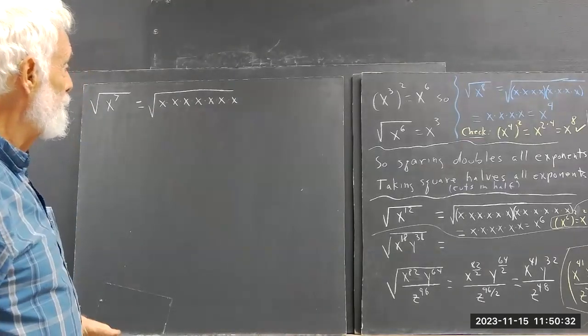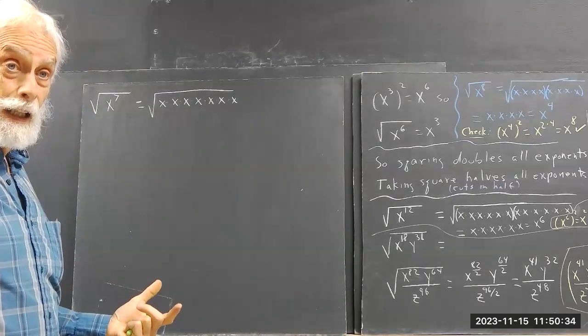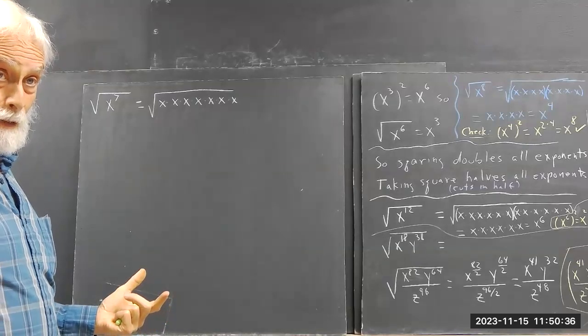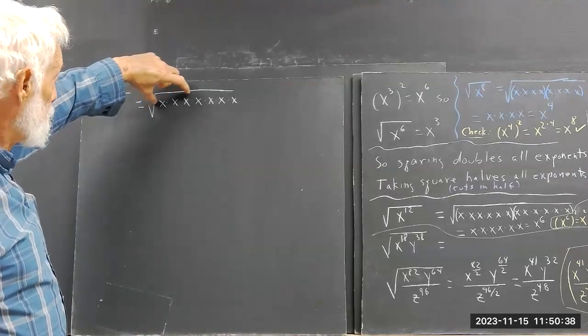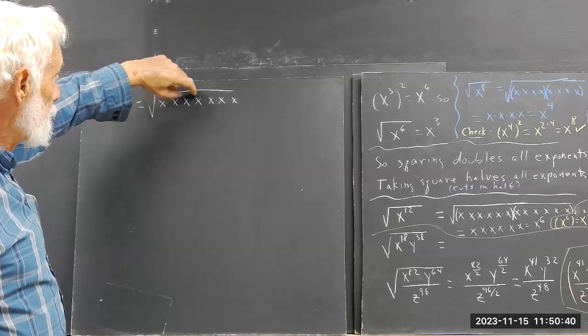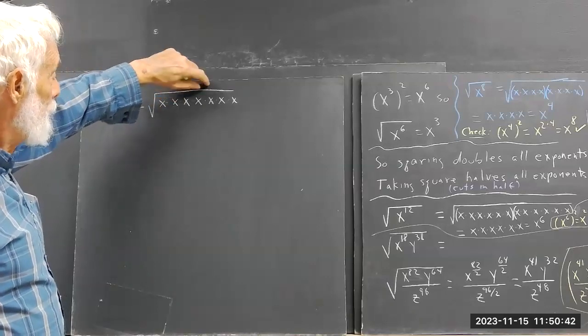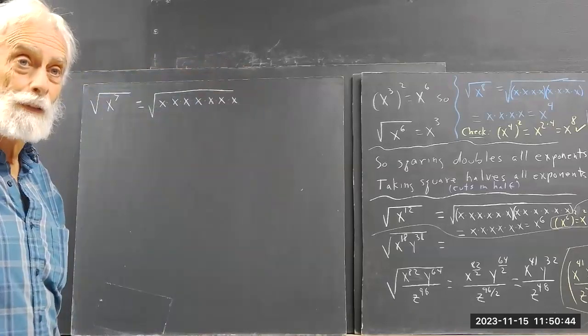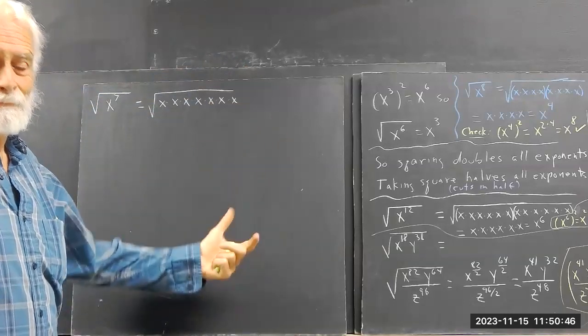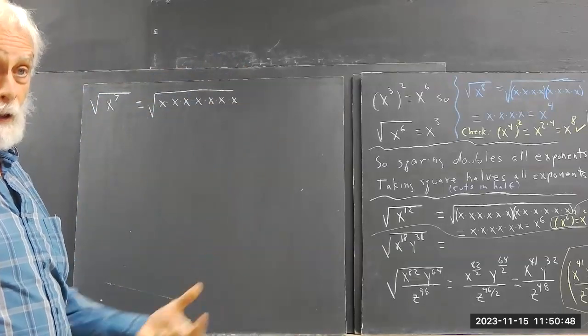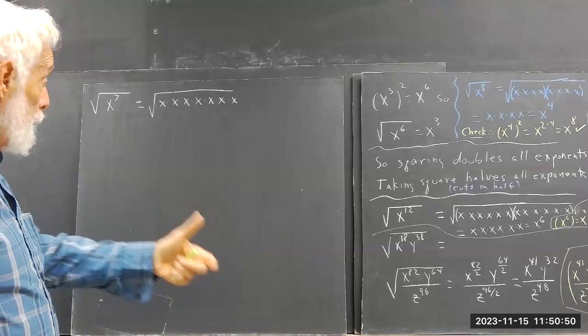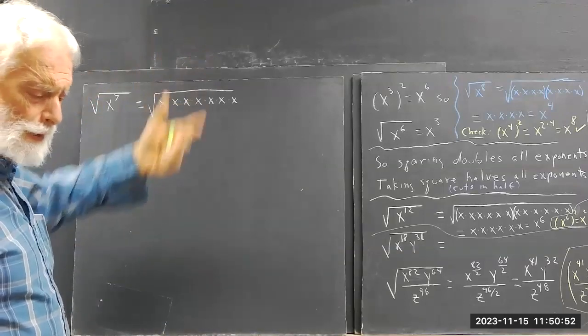Now we can't divide this exactly in half. If we tried to do parentheses, we'd have to put one set of parentheses that cuts this x in half, and the other set of parentheses that has the other half of it. And that kind of corresponds to a 3.5 power. You'd have 3.5 x's in each one, but it's half x.